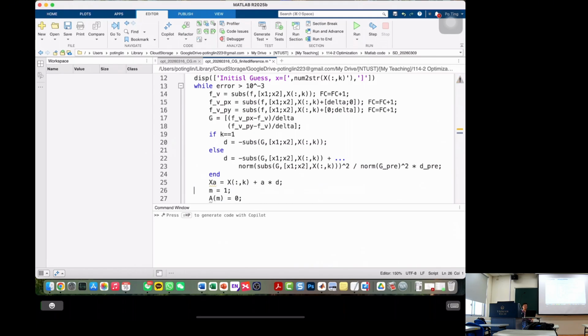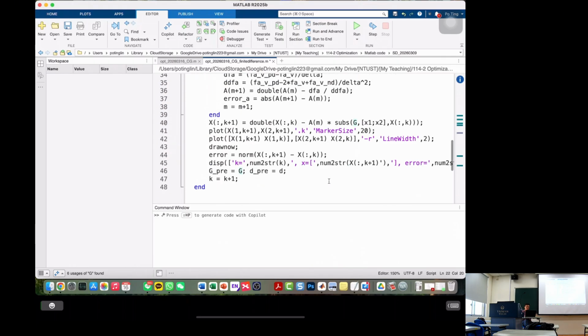Yeah, that's it. So in the first iteration, negative gradient, right? Second iteration, negative gradient plus the short-term memory term and the previous d. The rest are the same.